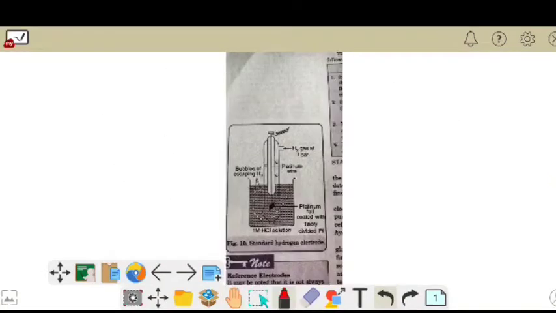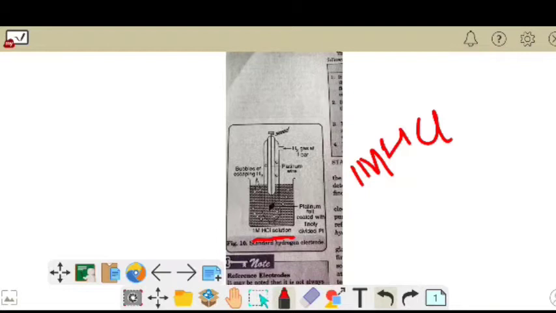This is the diagram of a standard hydrogen electrode, and as you can see, the electrolyte or the solution present in a hydrogen electrode is HCl, 1 molar HCl. Next, you can see a platinum wire attached in a tube.